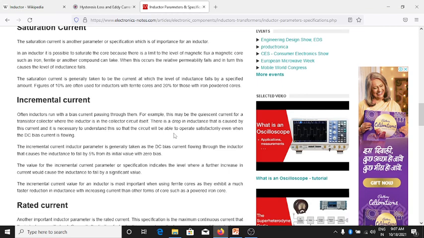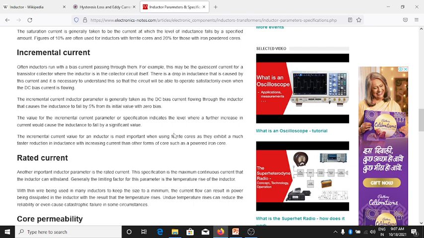Next is incremental current. Often inductors run with a bias current passing through them. For example, it may be a constant current for a transistor collector where the inductor is in a collector circuit itself.